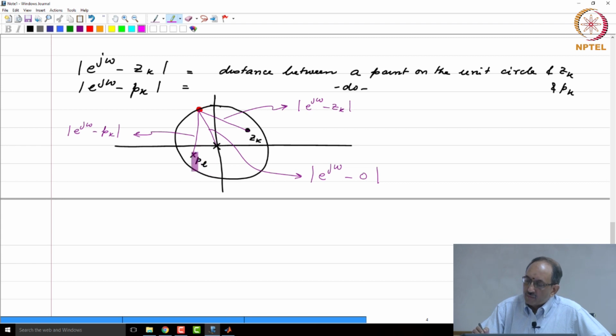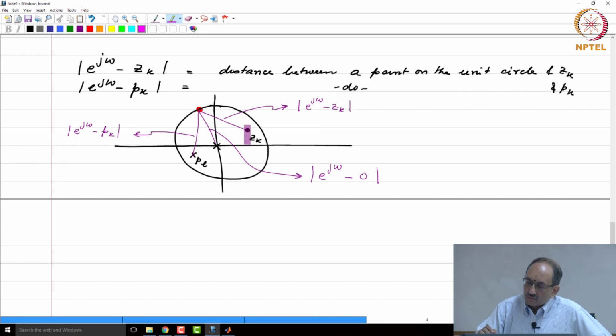Therefore, this interpretation gives you a feel that zeros produce dips in the frequency response, whereas poles provide peaks in the frequency response. Therefore, zeros provide attenuation, poles provide gain. So, this is an intuition that we can develop from the geometric interpretation of this algebraic formula.